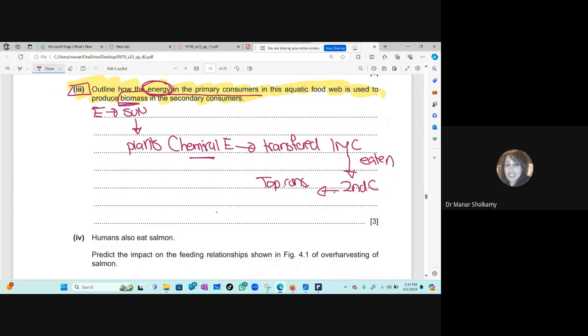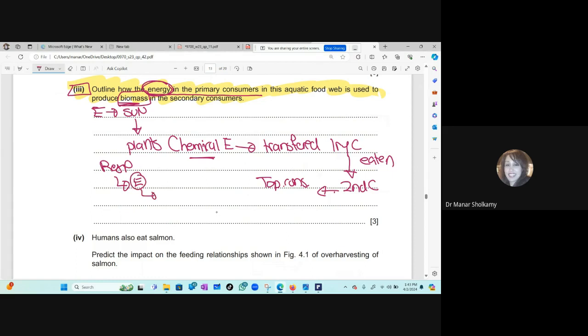Now, how will it be converted to biomass? This chemical energy will be broken down in what? The food will be broken down in... how is food broken down? Photosynthesis or respiration? Respiration. Yes. So the food inside the bodies of these animals will be broken down in respiration and it will give us energy.